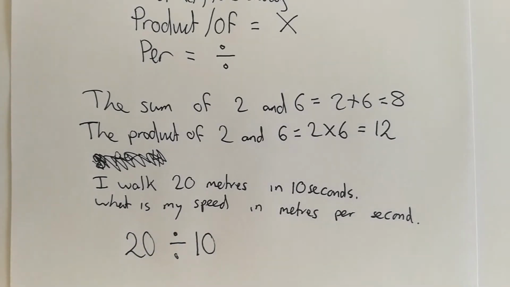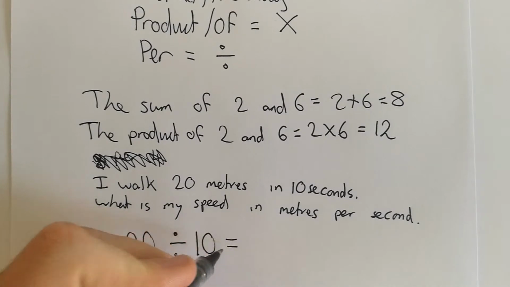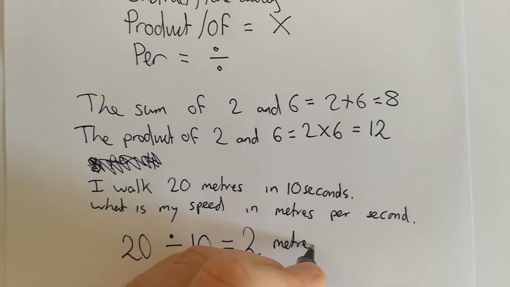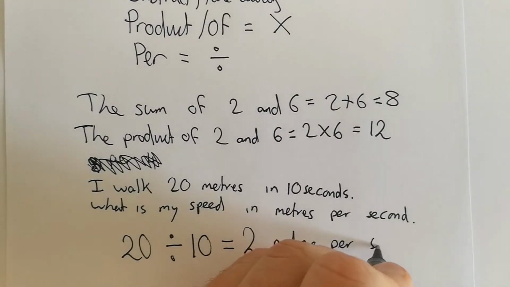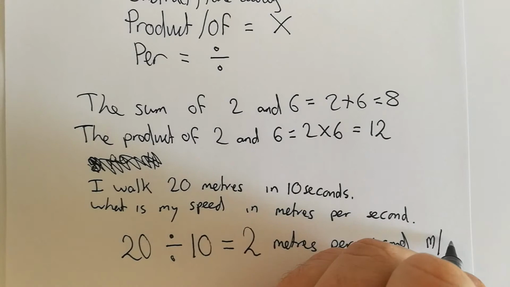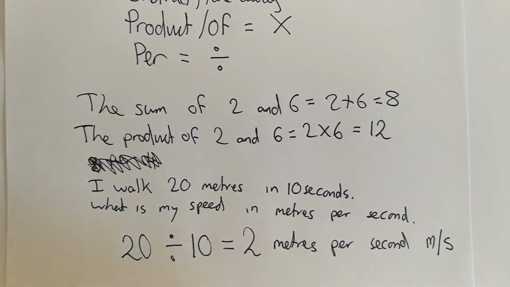So 20 divided by 10. So our units are actually telling us what we've got to do. And 20 divided by 10 is 2 meters per second. We can actually write that as m divided by s, or m/s. Put that in brackets.